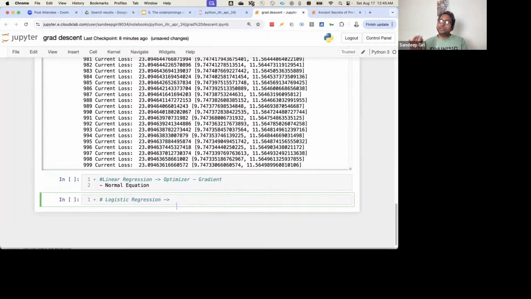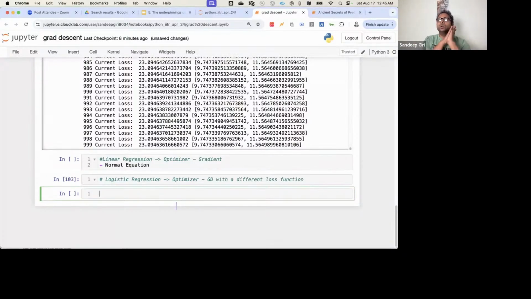Sometimes you want to predict a class, yes or no. In that case also, we use gradient descent as the optimizer, but with a different loss function. We'll talk about those during the class.